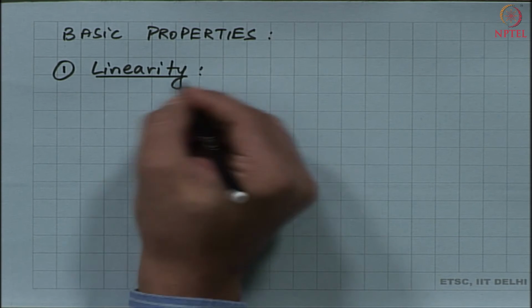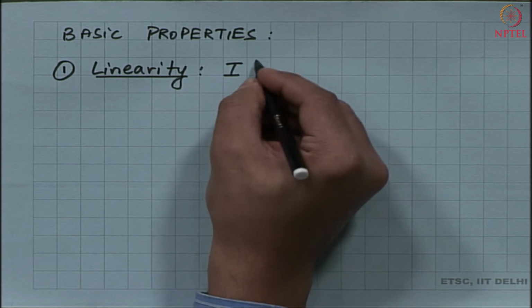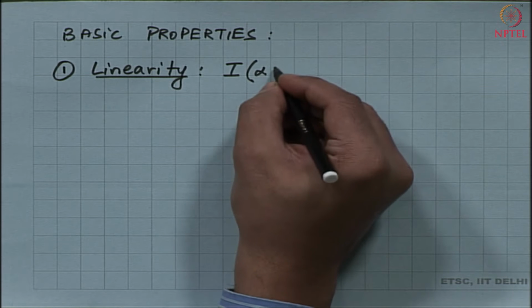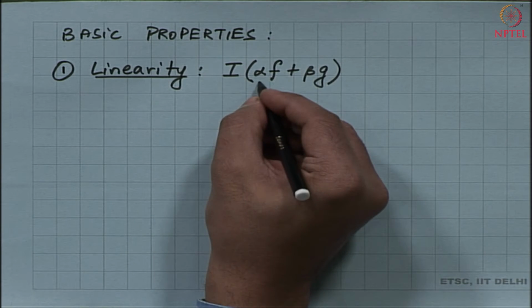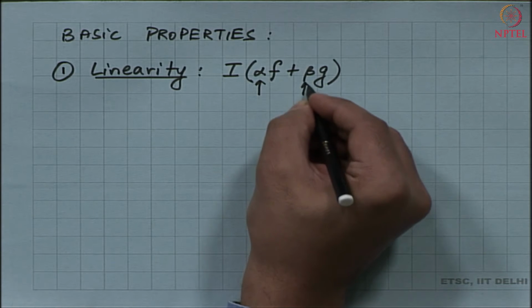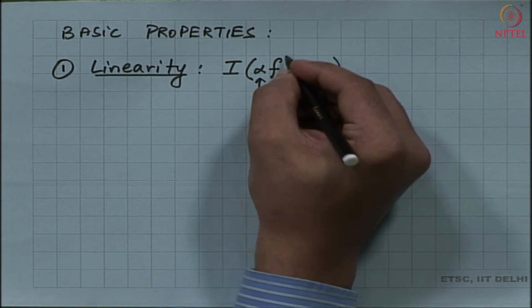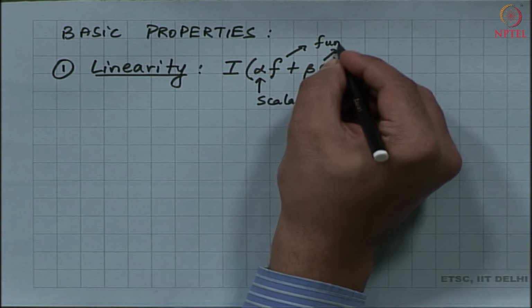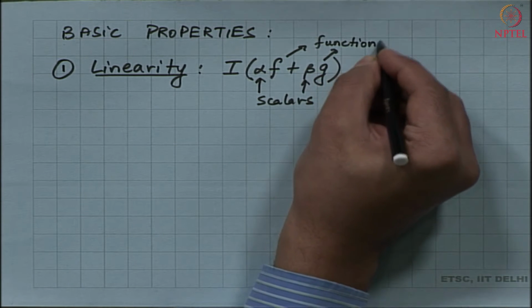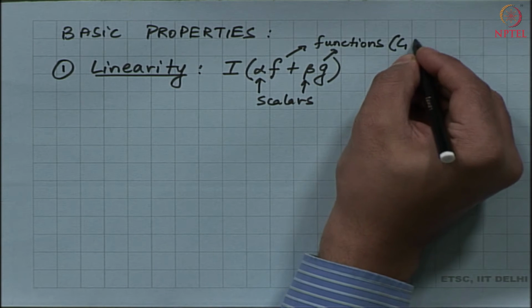So, what do I mean by the operator being linear? Suppose I have this operator acting on the linear combination of two functions f and g, where alpha and beta are scalars and f and g are functions coming from the space of C0.